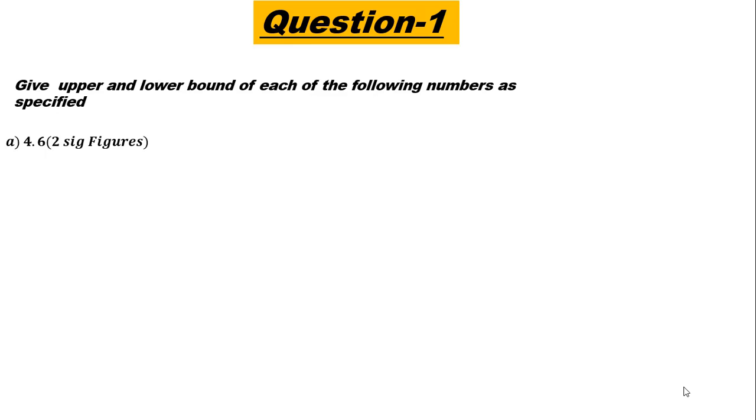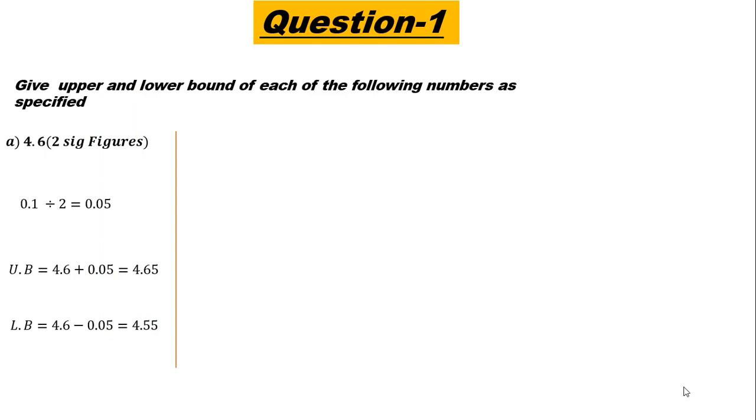So it means the degree of accuracy is 1 by 10, 0.1. The first step is to make half of 0.1, which is 0.05. The second step is to find the upper bound by adding this number to the rounded number, which is 4.6. And to find the lower bound, we will subtract 0.05 from 4.6. Now what I want you to do is stop the video and give a go to this part.